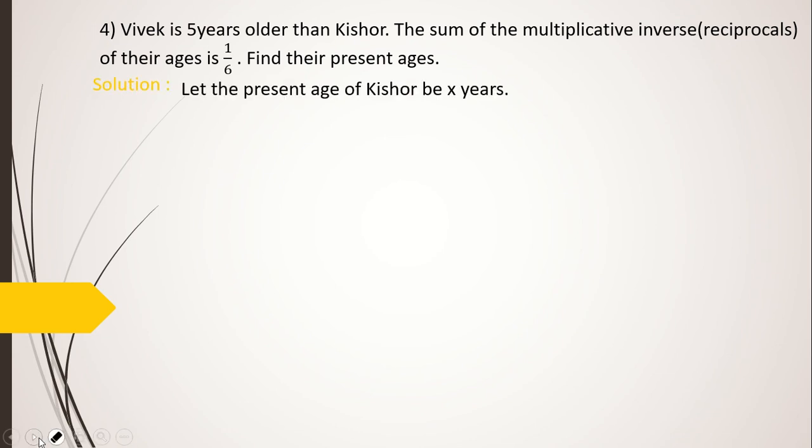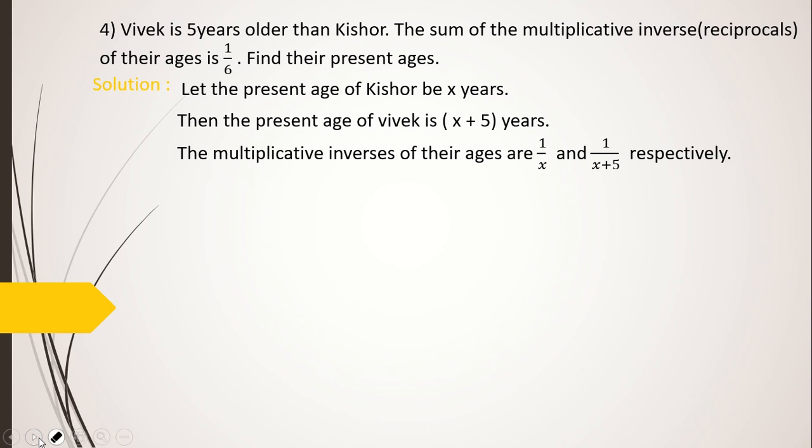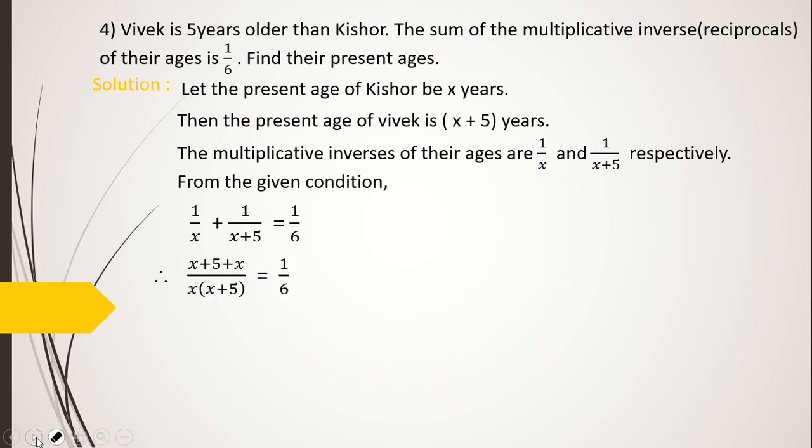So present age of Kishore we assume x, present age of Vivek is x plus 5. Then the inverses or the reciprocals are 1 upon x and 1 upon x plus 5. Therefore by given condition we get this. Here we cross multiply first, x plus 5 plus x upon x into x plus 5.